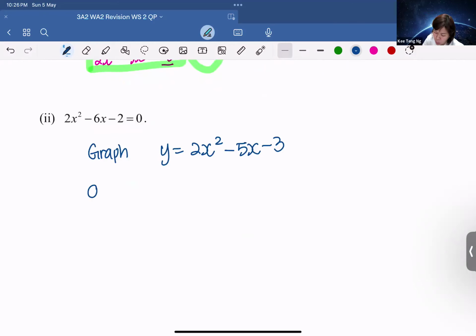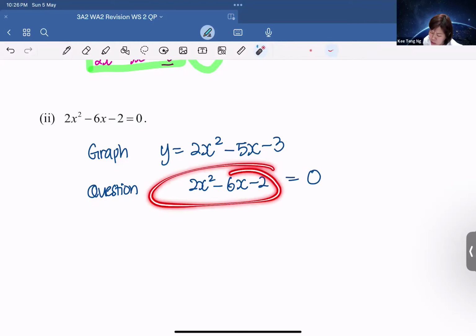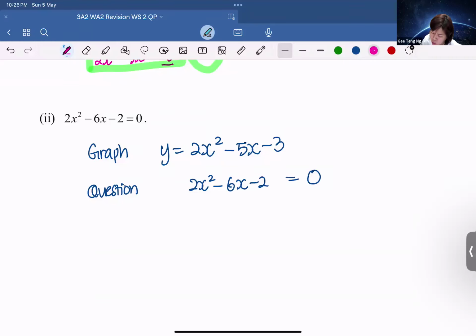Now the question is 2x squared minus 6x minus 2 equals 0. I need to change this into 2x squared minus 5x minus 3. So I must change this into 2x squared minus 5x minus 3.